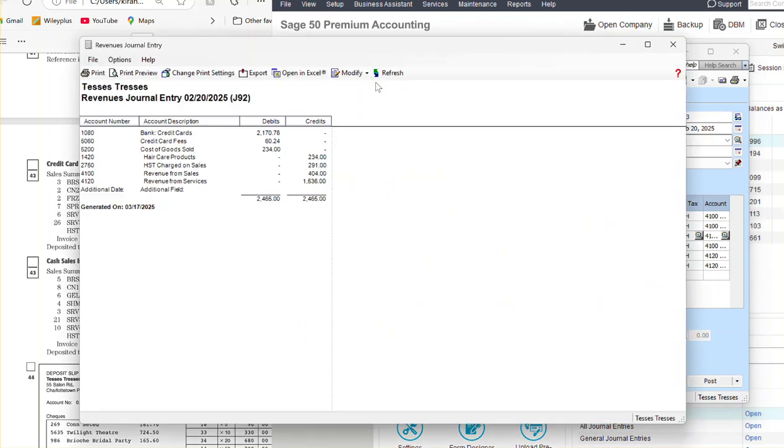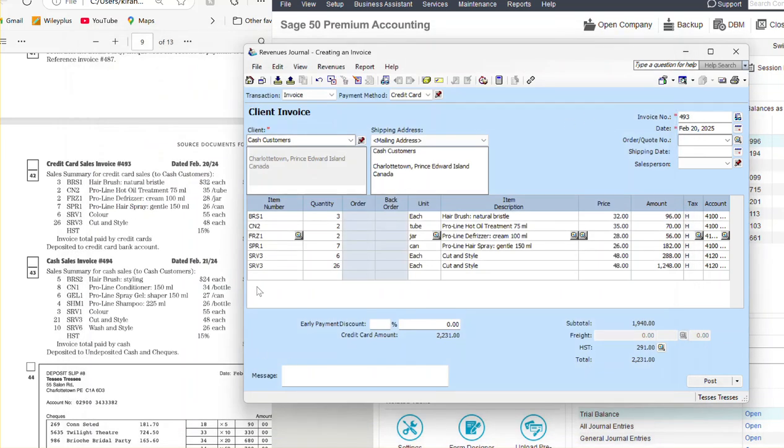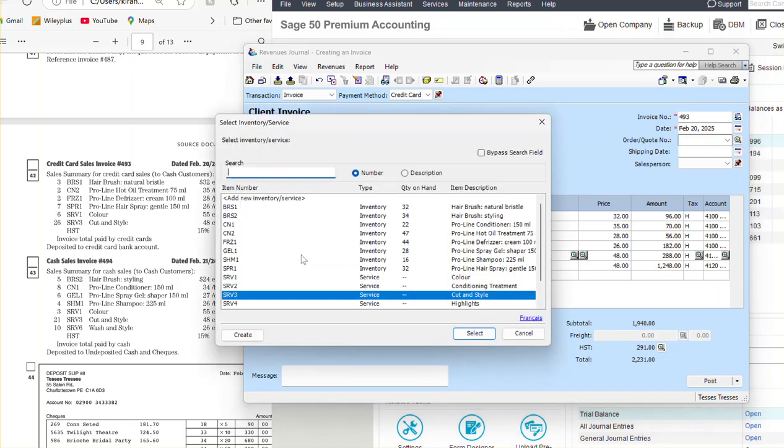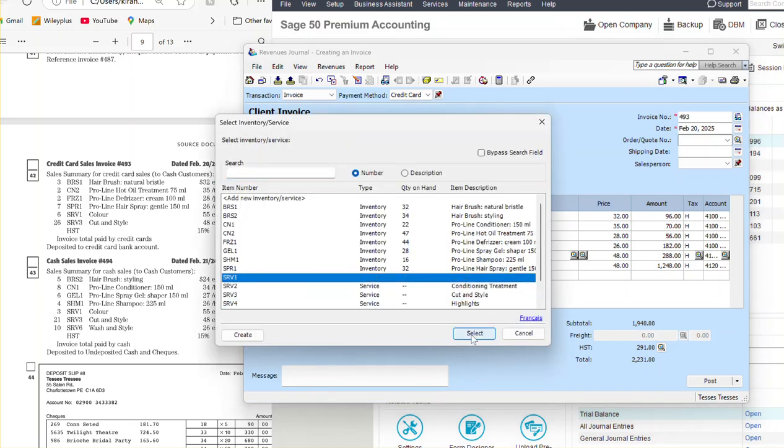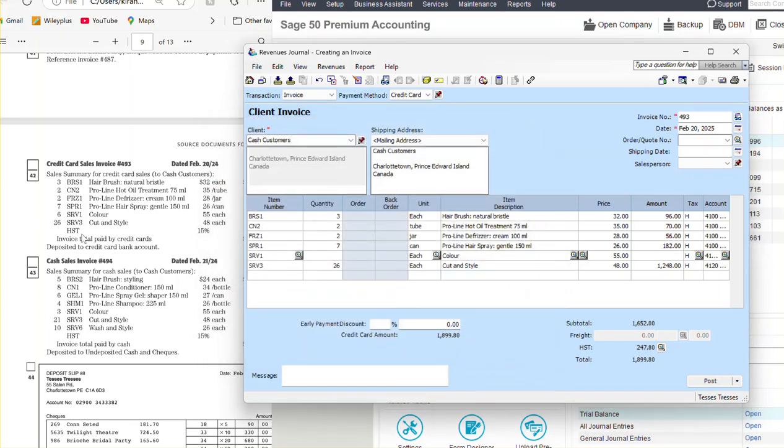I think something is not right. My last one is SR, sorry, this should be SRV1. I think SRV3, because the entry I saw before looks like something different.